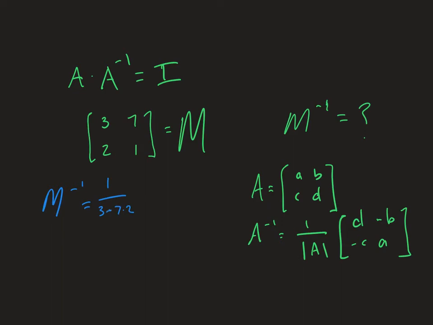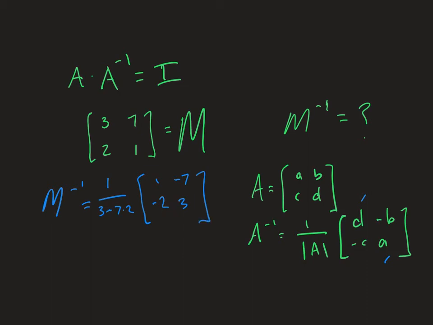We use our formula from earlier, where the determinant is the product along the main diagonal minus the product along the minor diagonal, times the matrix where we swap the positions of D and A. So 1 goes here, 3 there, and then just minus for the other 2. They don't get swapped though. So it looks like that.